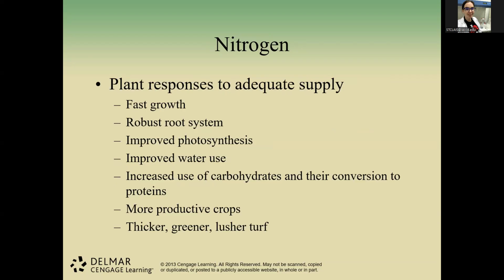We're going to expect a robust root system, strong photosynthesis, good water use. The conversion of carbohydrates to proteins is increased with adequate nitrogen supply. Crops will be more productive and will have thicker, greener, lusher turf.